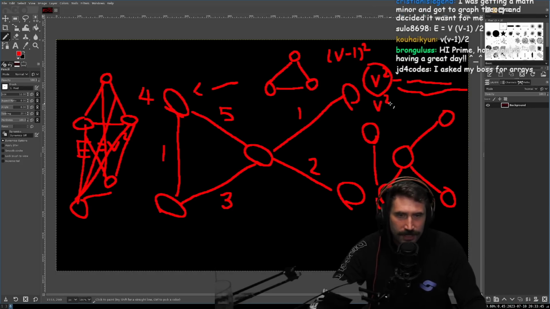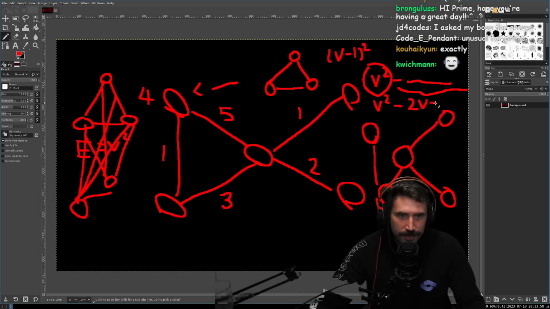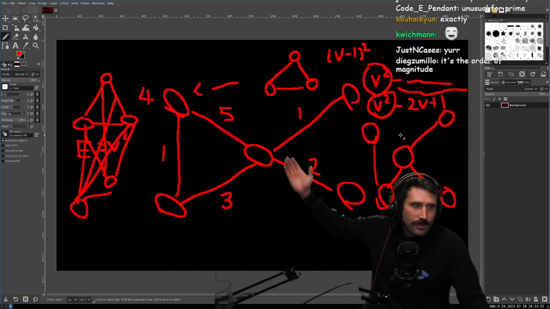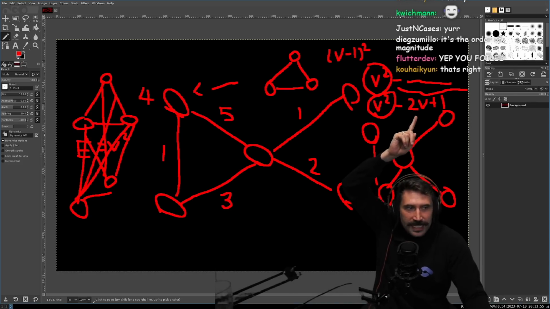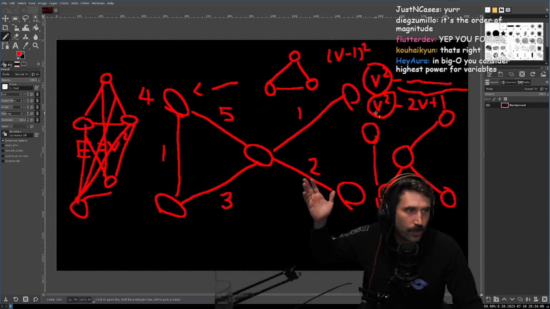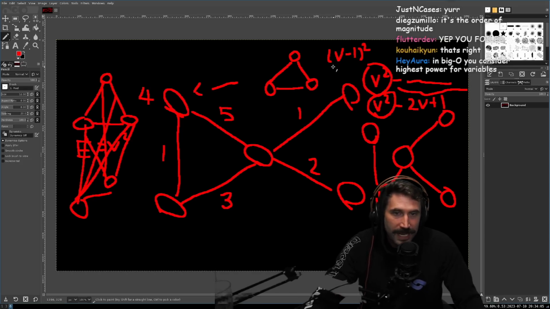I haven't foiled since like 7th grade. You don't care about this because it's about the growth, not the precision. So you always drop the lower factors and only keep the highest one, the fastest growing. Let's apply this equation.